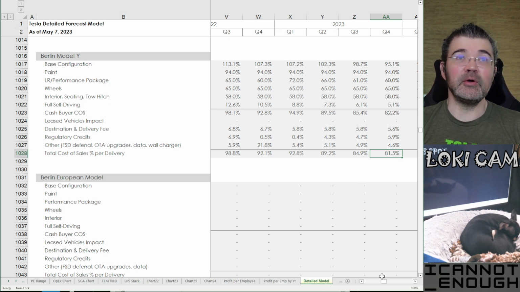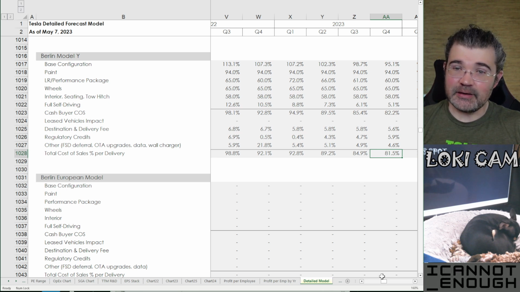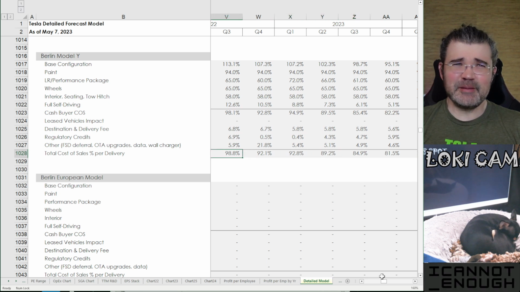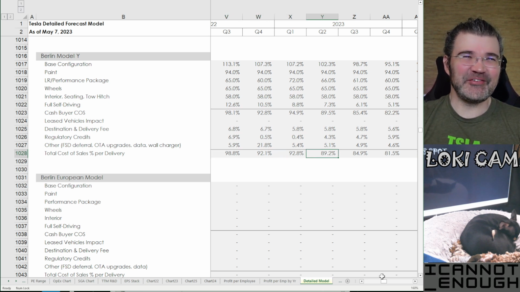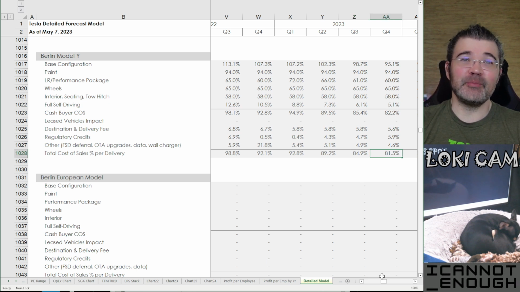So if the revenue per vehicle isn't falling or is falling by less than the percentage that the cost of sales per vehicle is falling by, we should see cost of sales percentage improvement from really not very much profit at all at the end of last year, single-digit gross margin, to at least double-digit gross margin by the end of this year, even if it's less than a 20% gross margin.